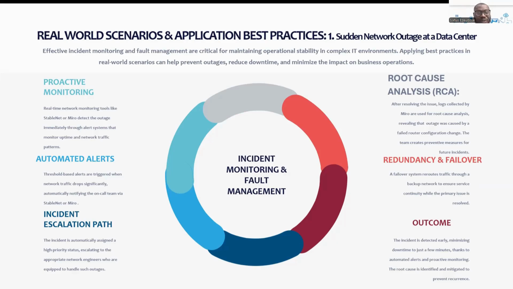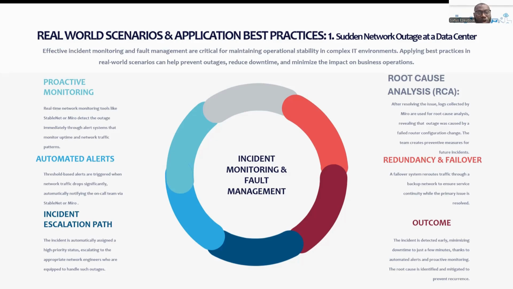And it takes us to the second step, automated alerts. Threshold-based alerts are triggered when network traffic drops significantly, automatically notifying the on-call team, or your on-site team, or your field service team, depending on what nomenclature you call your team. This will take place via our Miro solution and the StableNet solution.